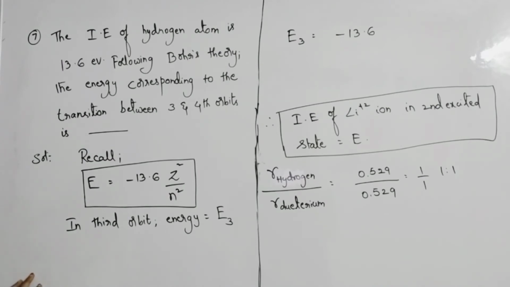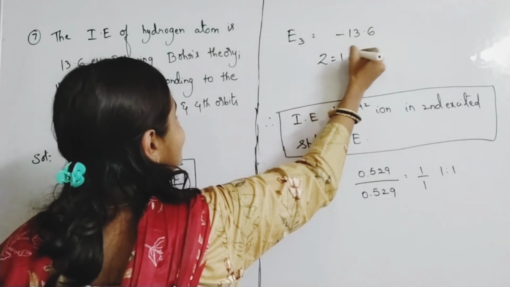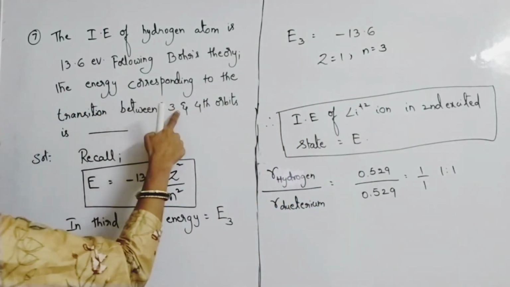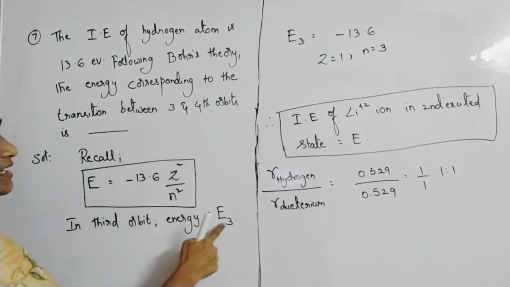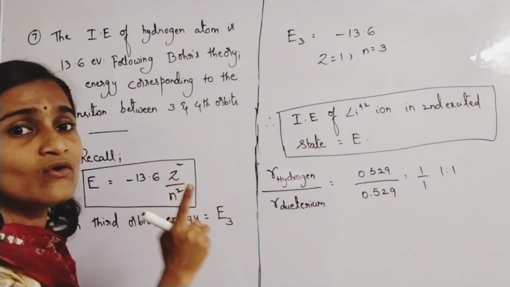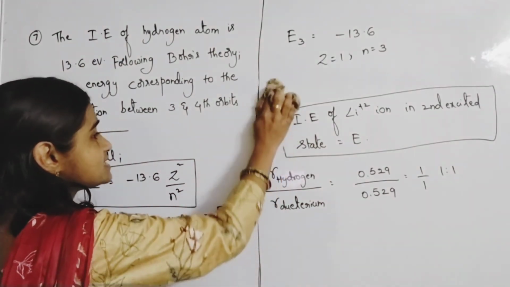Please understand carefully. And Z value is for Bohr's orbit, which means we will take it as 1 only. So Z is equal to 1 and N is equal to 3, because the transition is happening between third and fourth. So energy for third orbit E3 we will calculate, and energy for fourth orbit E4 also we will calculate. Let us calculate E3 first.